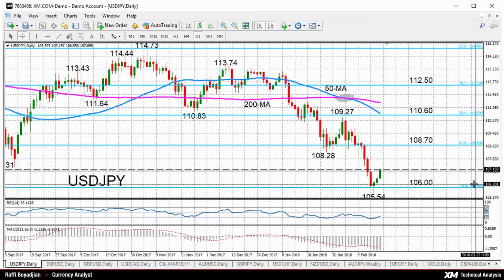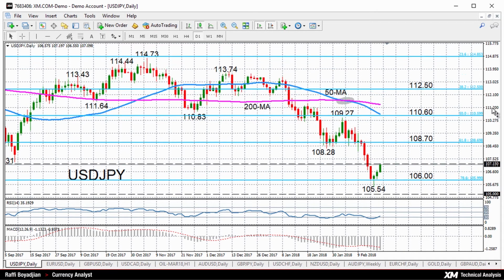If we look to the downside, we do have support coming from around the 106 handle. The pair did touch a 3-month low, 105.54, but it managed to close above that level, therefore forming support around the 106 handle.